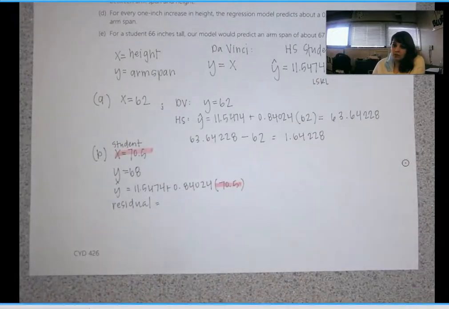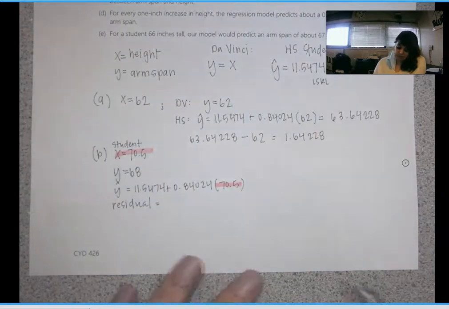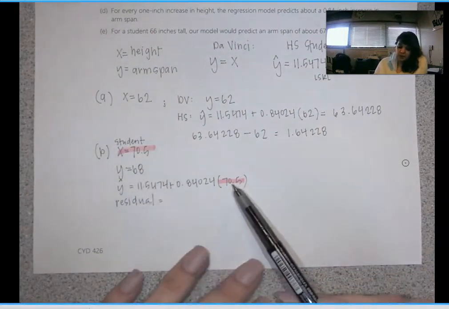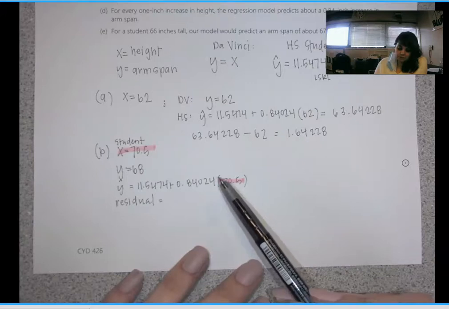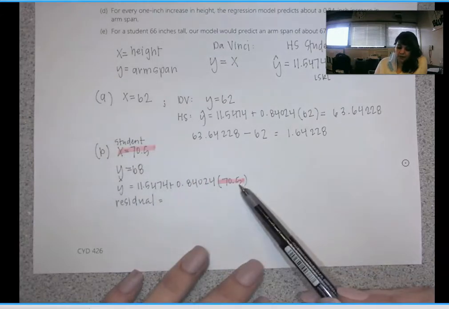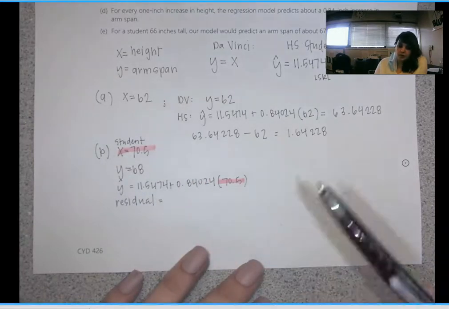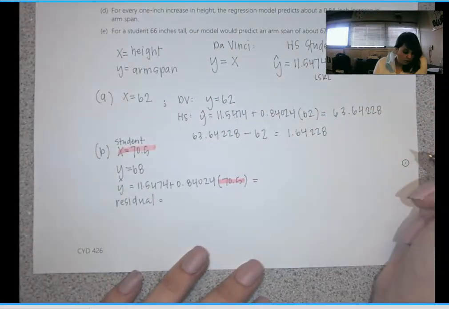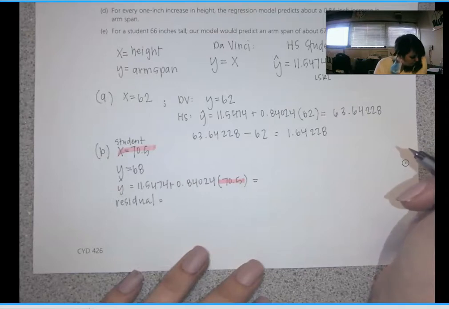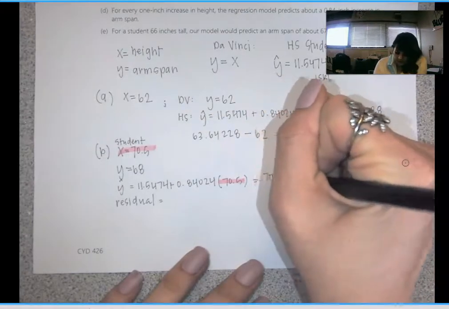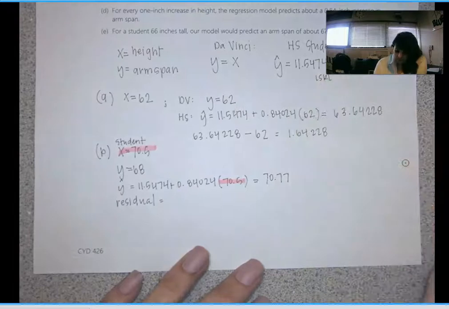I beg you, write your information down, because it's very easy to accidentally plug in 68. They give you X, you plug in X. You want to keep things as organized as possible. This predicts a height of 70.77.